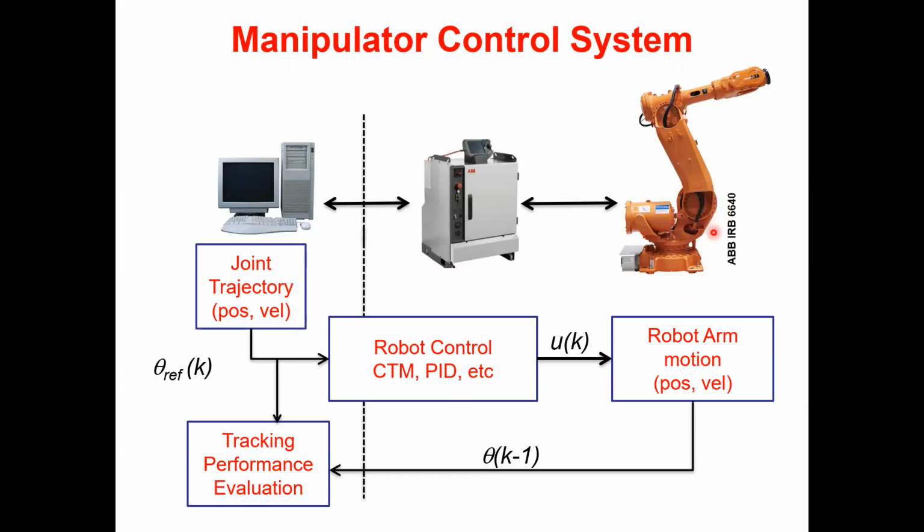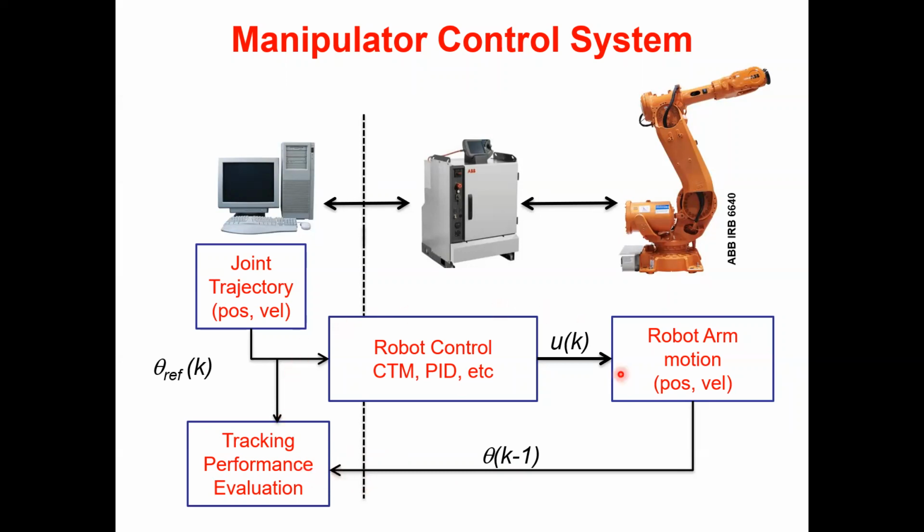Each individual joint will undergo some change in position and velocity. Then through the feedback loop, the servo controller knows what is the new position as a result of the control signal.